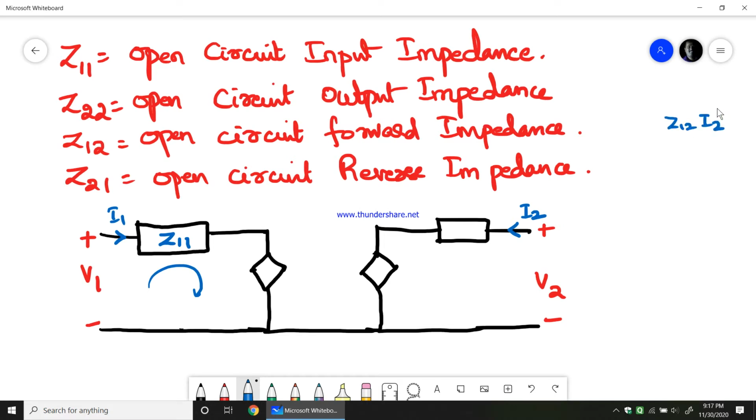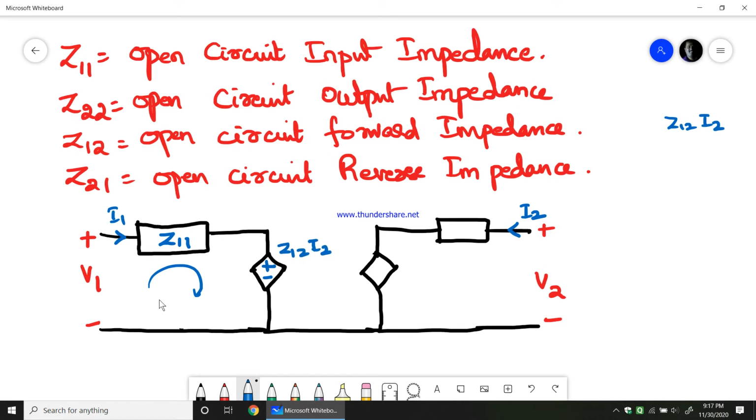Z12 I2 involves the output current. Therefore, to represent Z12 I2, I'll use a dependent voltage source, which is plus and minus, dependent on the current I2.